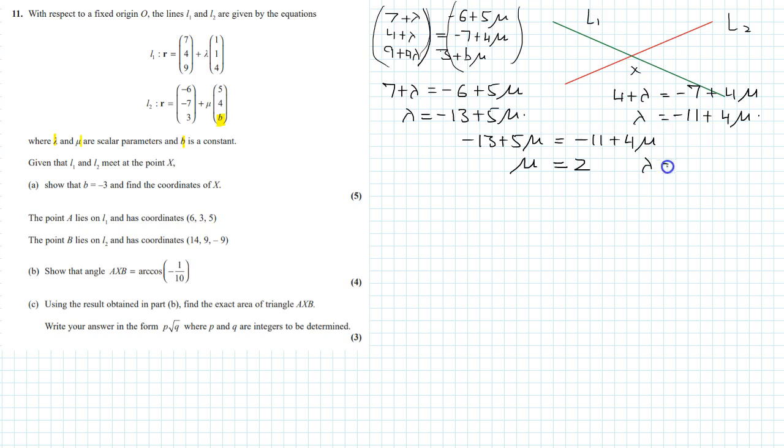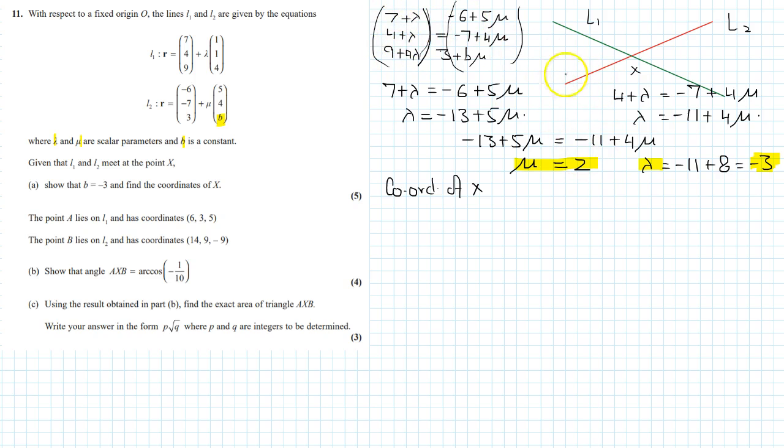So lambda will be -11 plus 8, so it is -3. So mu is equal to 2 and lambda is equal to -3. So the coordinate of X will be, either you put the value of lambda here or the value of mu here.